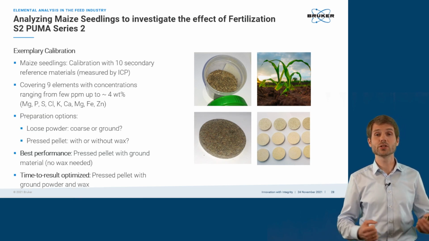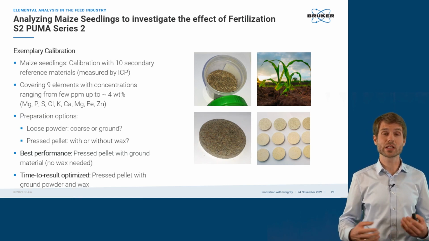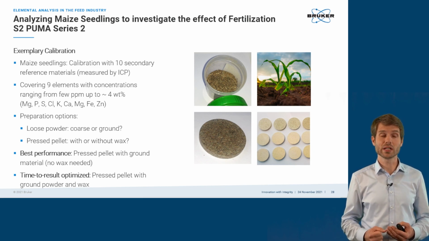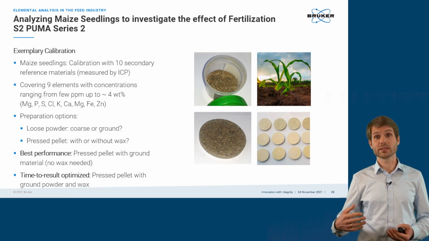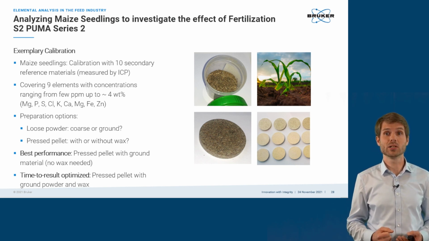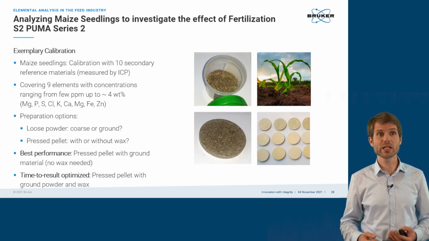So what we did, we took 10 secondary standards, we calibrated for 9 elements. Concentration ranges, in this case, for the young seedlings range from upper ppm to 4 weight percent.